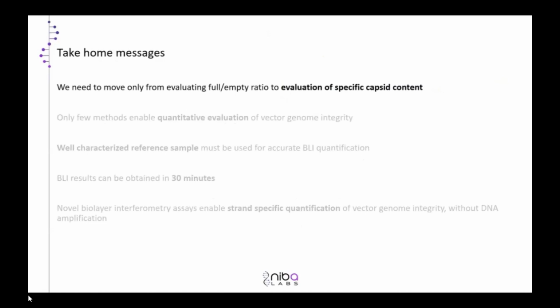So this was from the introductory part, and for now there are only few methods that enable quantitative evaluation of vector genome integrity, and BLI is of course one of those few. What is important with BLI is to use well-characterized reference samples because it's still a method that relies on the standard curve.